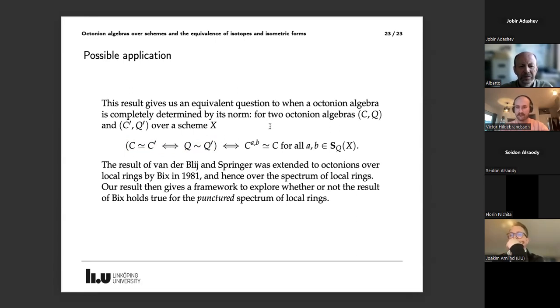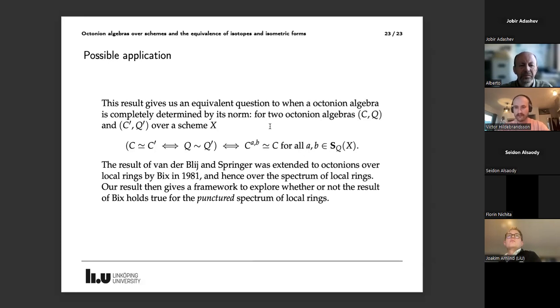So instead of trying to show that an Octonion algebra is completely determined by its norm, we can instead examine, if all its isotopes are isomorphic to the base, or all its isotopes are isomorphic to the main Octonion algebra.